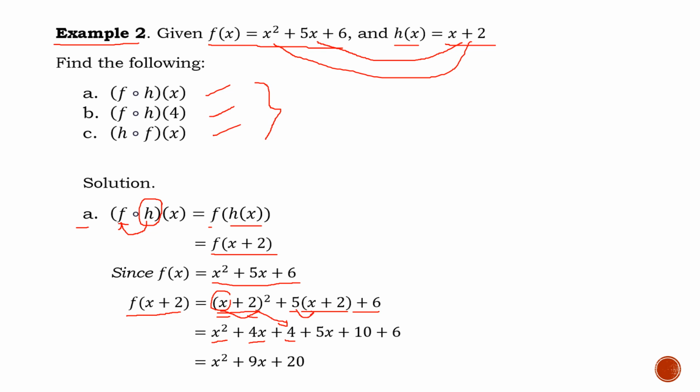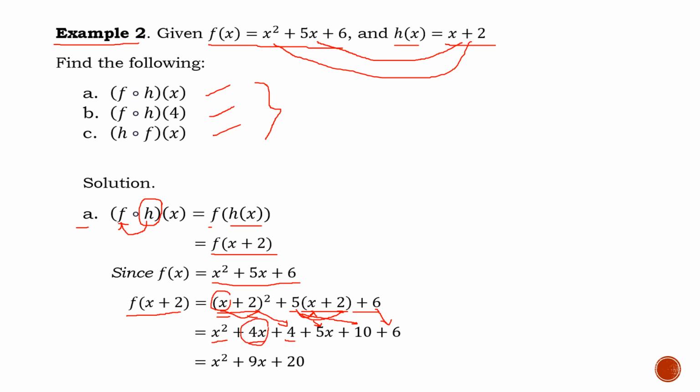Now, we need to distribute this one. So 5 multiplied by x, that's why it's 5x. 5 multiplied by 2, that's why it's 10. So we copy your positive 6 here. Now we need to rearrange and combine similar terms with the same exponent.